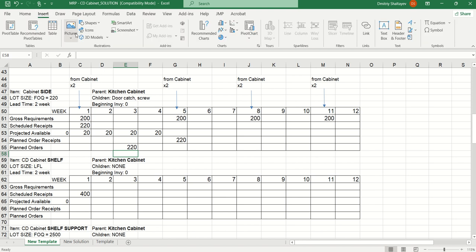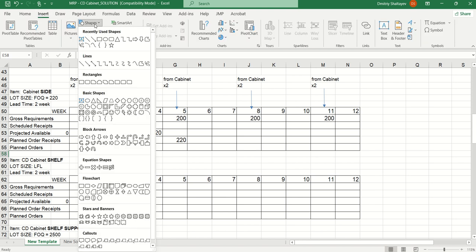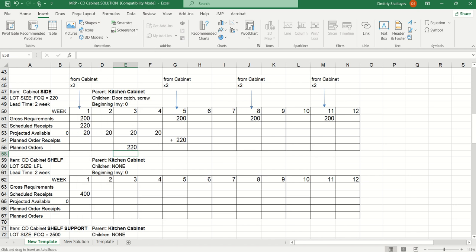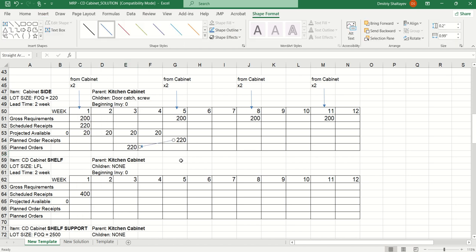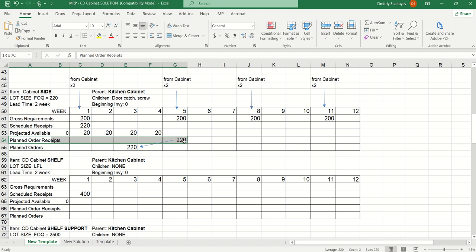I'm going to insert a cool looking arrow to show a connection, right? So both events are in the future, right? When I place an order for 220 and when I receive the order. That's why they're both called planned. It's my plan. As opposed to schedule, which is done already. Delivery is expected, okay?